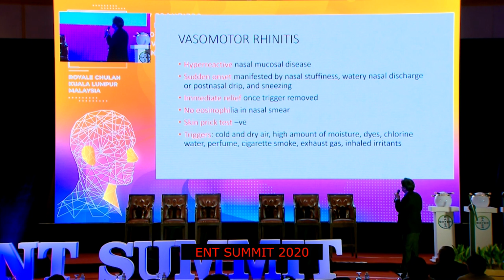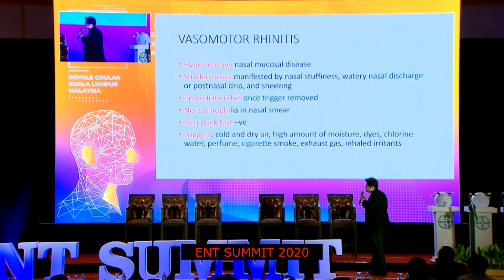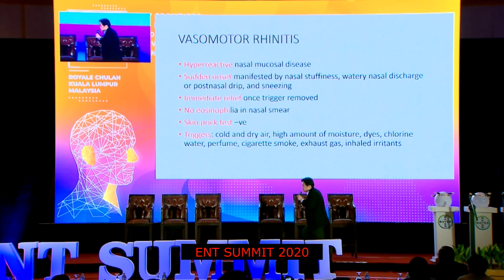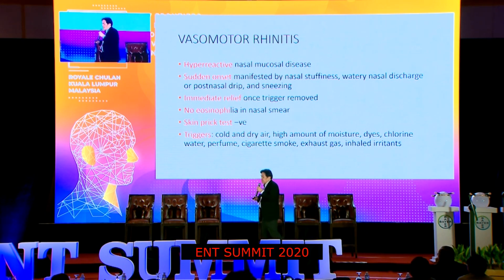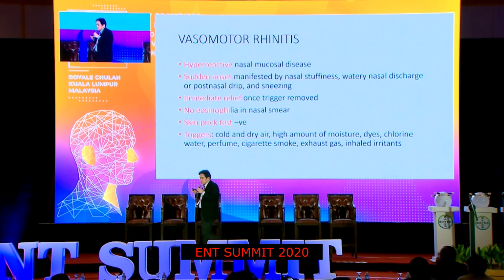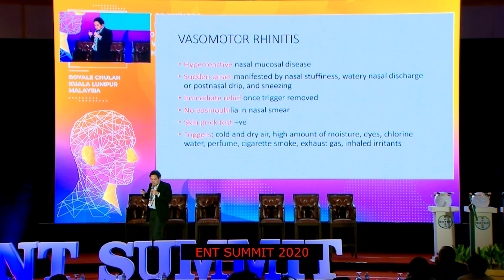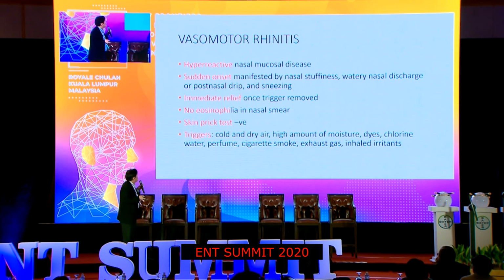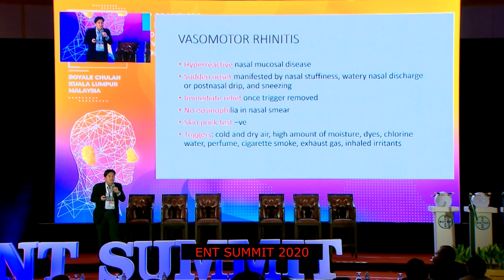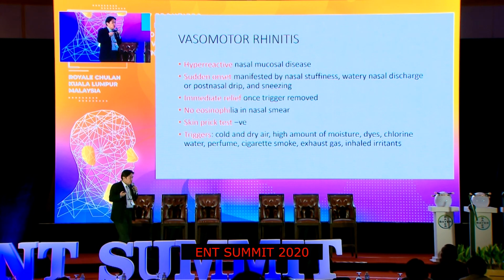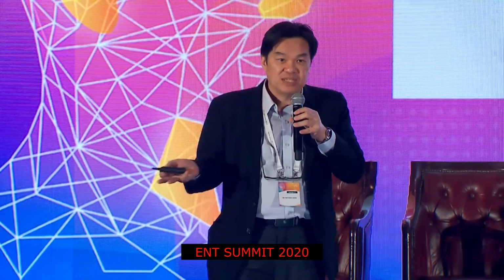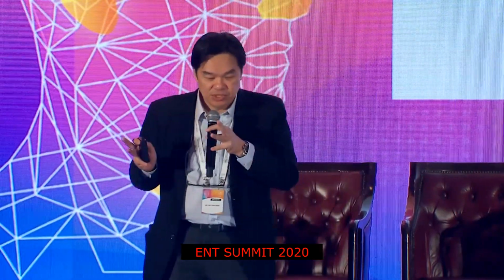So there's a sudden onset manifested by nasal stuffiness, watery nasal discharge, and postnasal drip or sneezing. Okay? And the classical feature is that there's an immediate relief once the trigger is removed. And of course, no eosinophilia on the nasal smear, skin prick test is negative if you want to be absolutely sure.